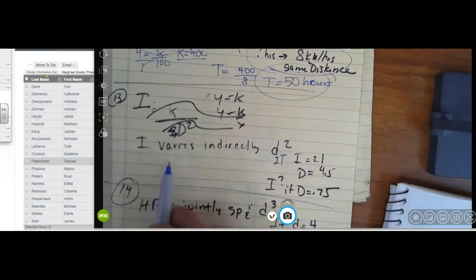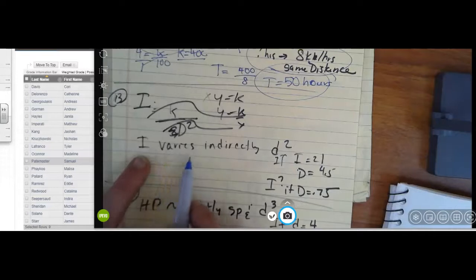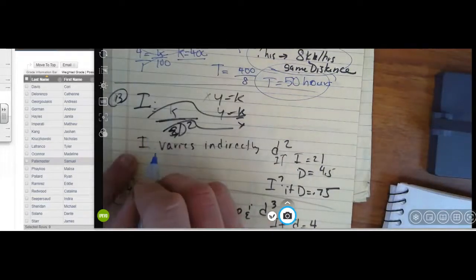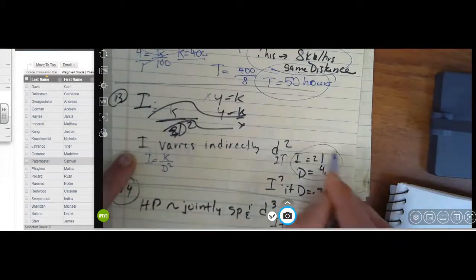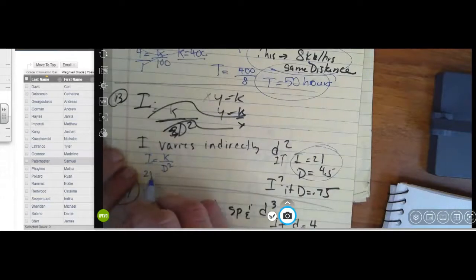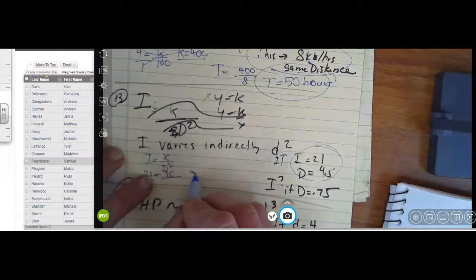Okay, here they tell us that I varies indirectly with d squared. So indirectly means inversely. So you're going to have I is equal to k over d squared. You plug in the values that they gave you, and you're going to get 21 is equal to k over 4.5 squared, which is 20.25.